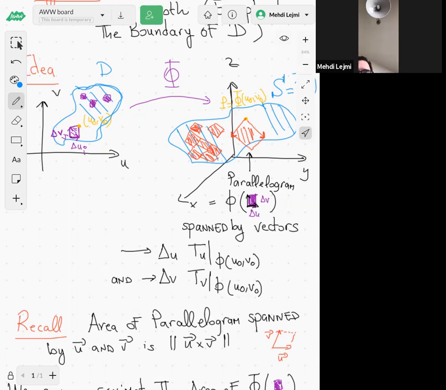And then you take the image of these small rectangles, so there are going to be some small surfaces here. All I am saying is that these small surfaces, like this one here, can be approximated with the magnitude of this cross product of T_u with T_v.